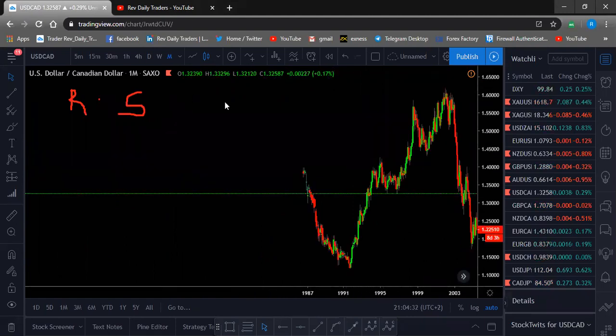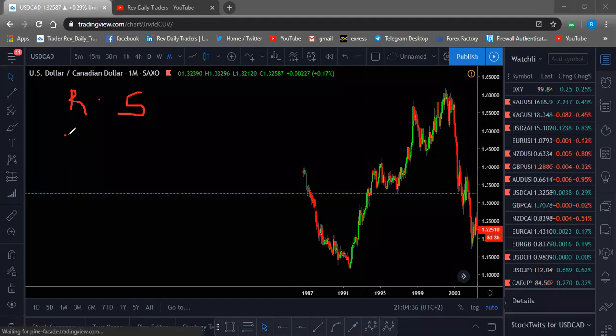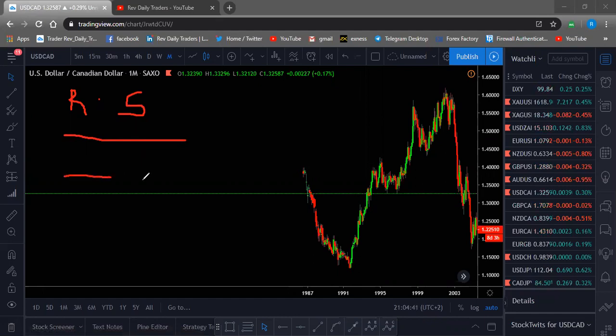We take our horizontal line and put it there, and take another one here, and take another one there. To confirm our horizontal line, we want many bounces on this line. I'll show you on the market.